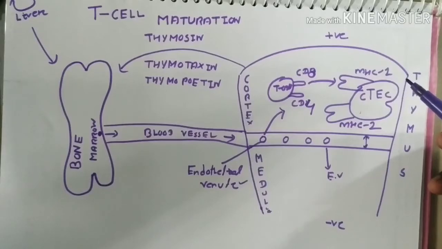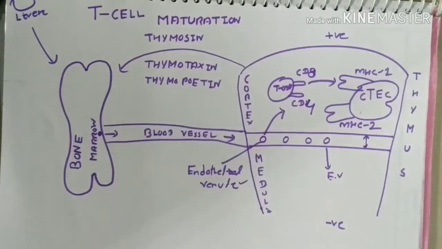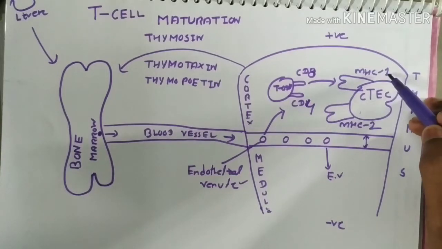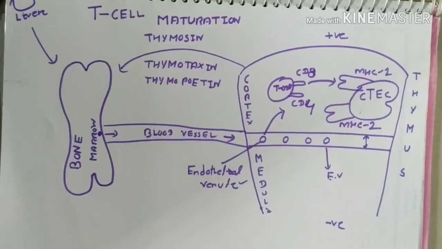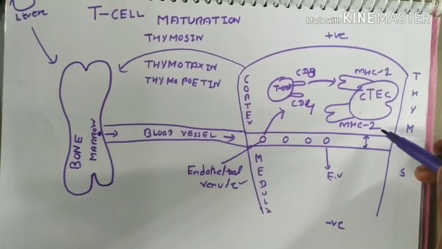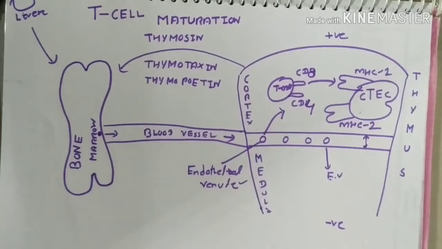Let me tell you one thing. MHC1 is present in all nucleated cells except RBC. As RBC has no nucleus, it doesn't have any MHC. But MHC2 is present only in antigen presenting cells like B cell, macrophage and dendritic cell.